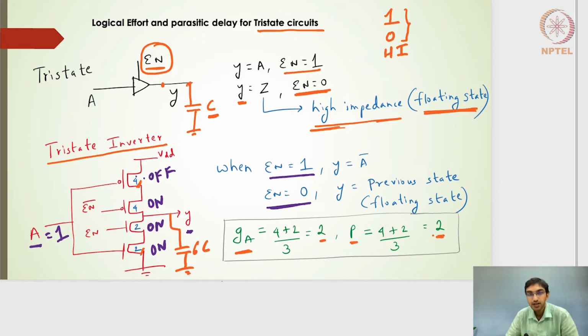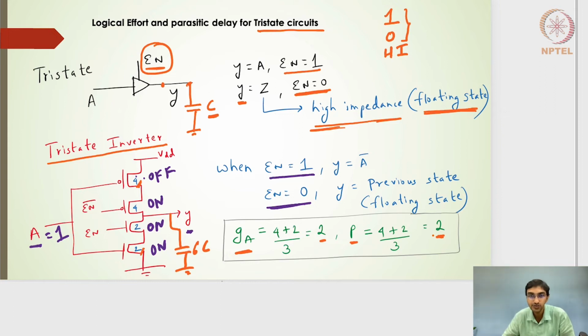All right. So the logical effort and the normalized parasitic values, we will use the same definitions. The normalized parasitic is the output capacitance of the standalone gate divided by the benchmark inverter's output capacitance, giving the same current.